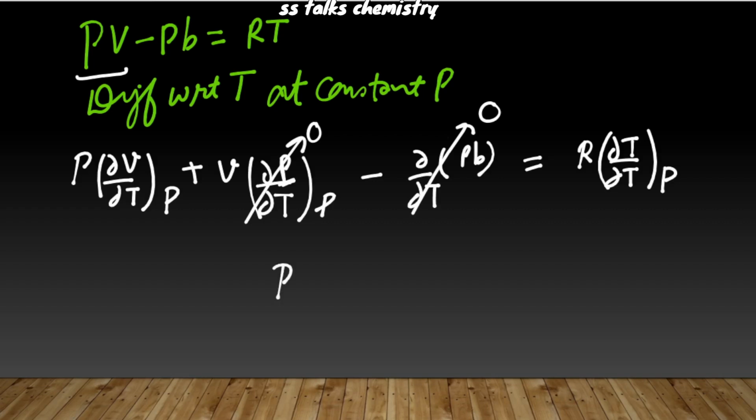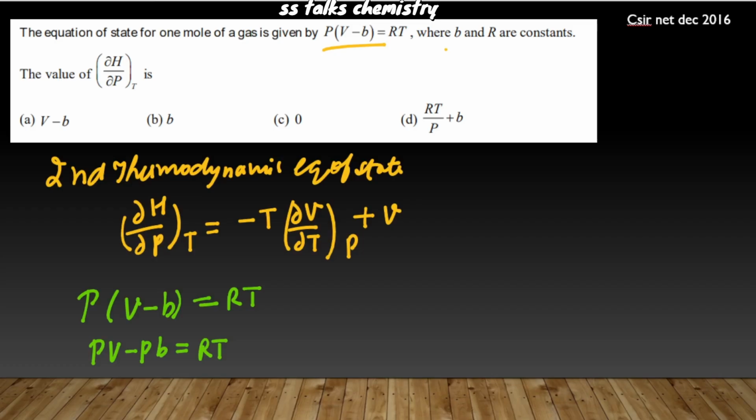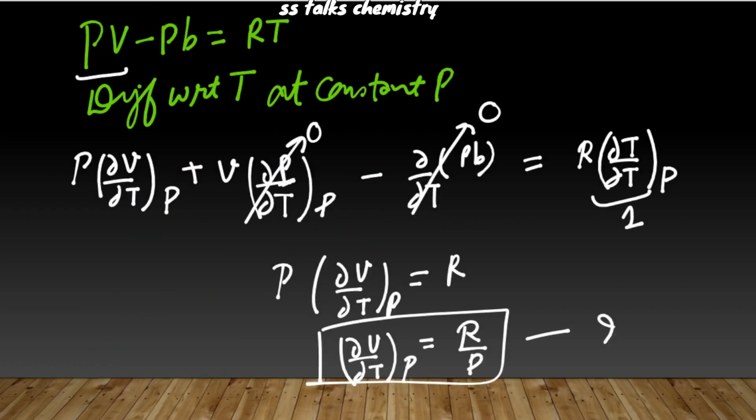So it implies pressure into del V by del T at constant pressure is equal to R, because this term is unity only, right? So from here, del V by del T at constant pressure is R by P. So this value we have to substitute in our expression, right? So we can label this. This is equation number 1. This we have derived, equation number 2. Substitute 2 in 1.